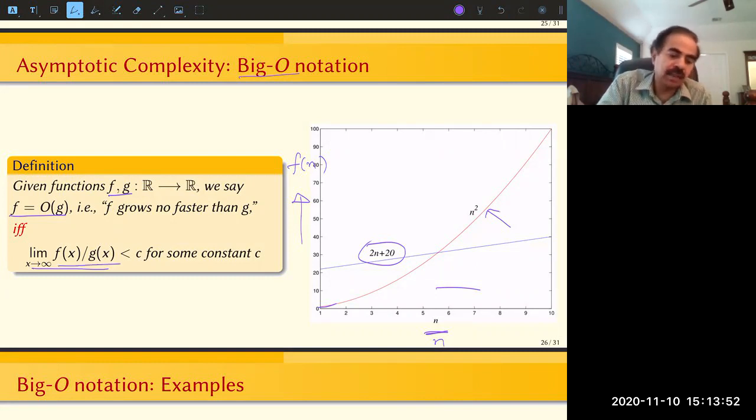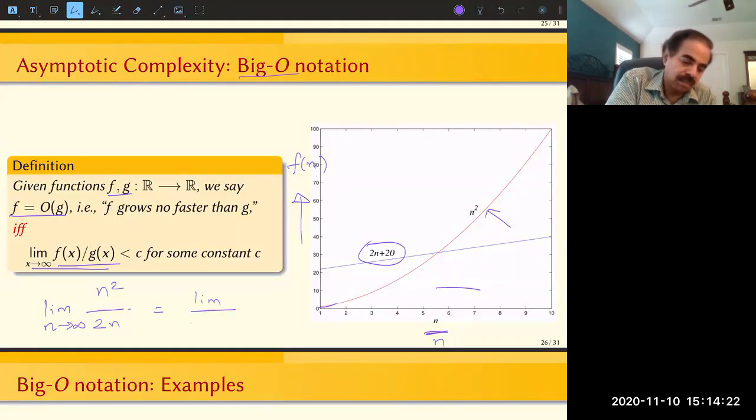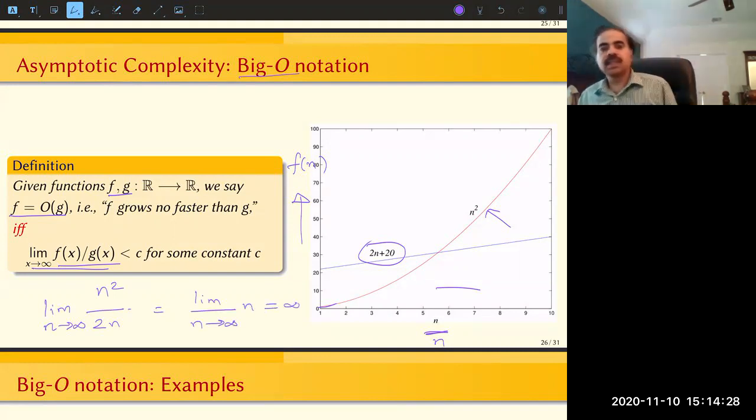If you compare these and look at the limit of their ratio, this is a case where the n square function is growing much faster than the n function.